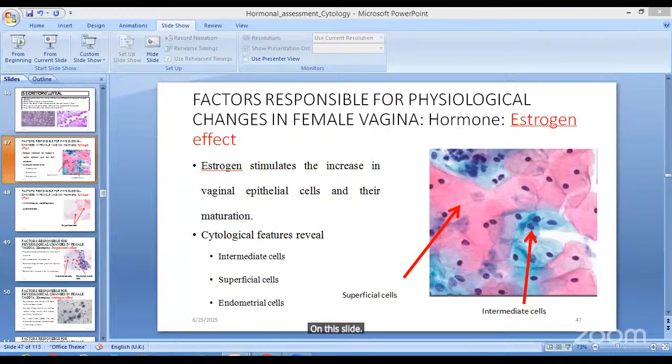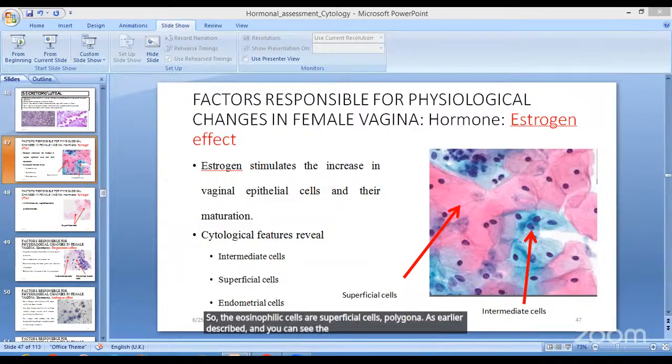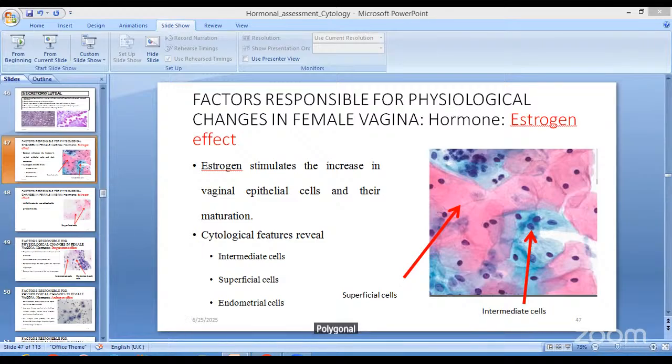You have the superficial cells, that's of full maturity. The eosinophilic cells are superficial cells, polygonal, as earlier described. And you can see the dark, small pyknotic nuclei. You should be able to see the intermediate cells too, polygonal with larger nuclei. It's a sign of estrogen effect.